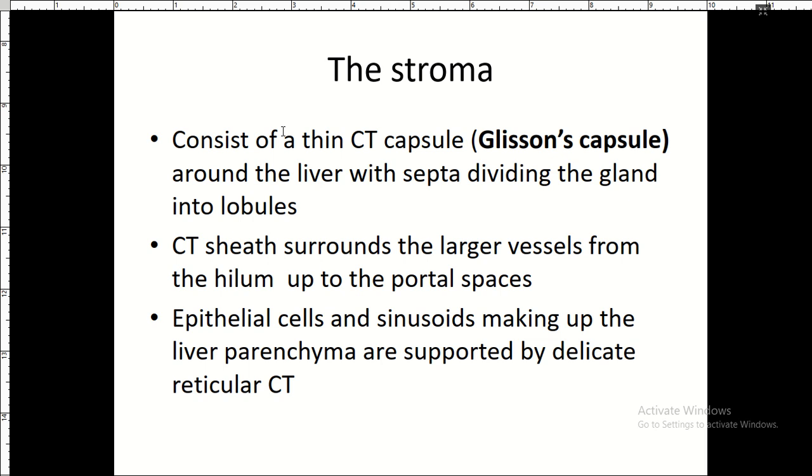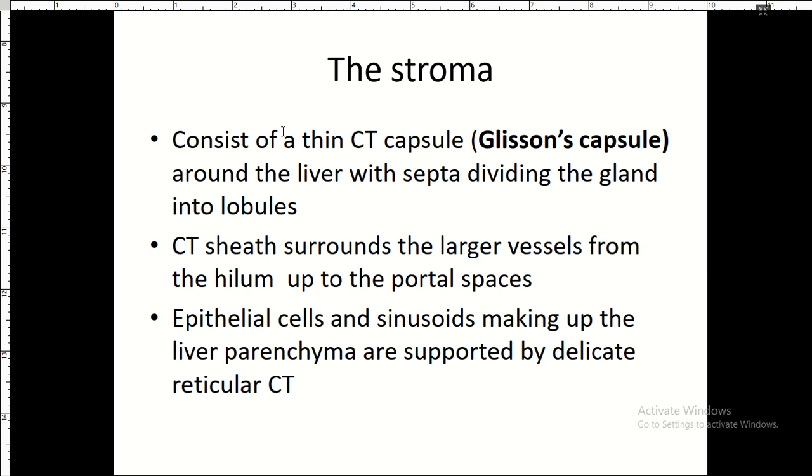So let's take a look at the stroma, which is the supporting unit of the liver. First of all, a liver is an organ, so there is a capsule, a thin capsule, which is called Glisson's capsule. This Glisson's capsule will send septa dividing the gland into lobules as always.